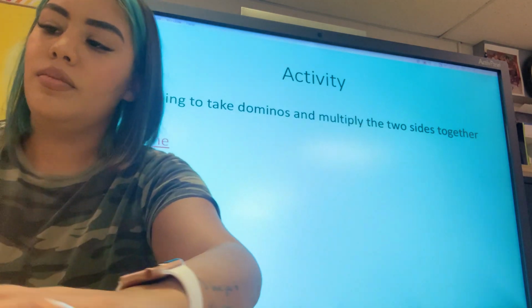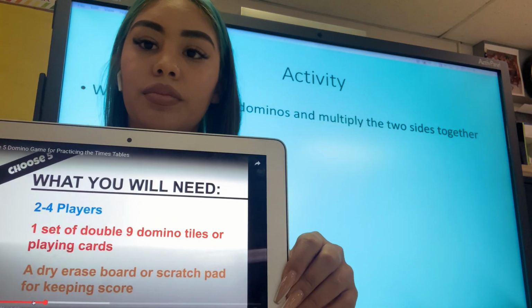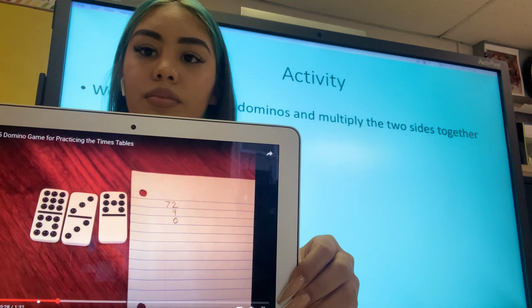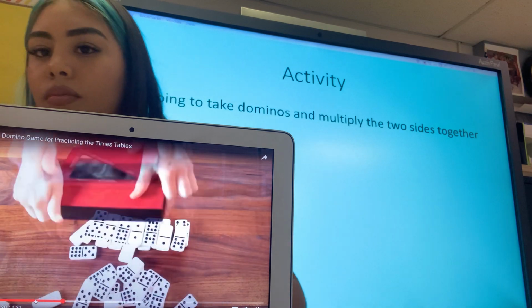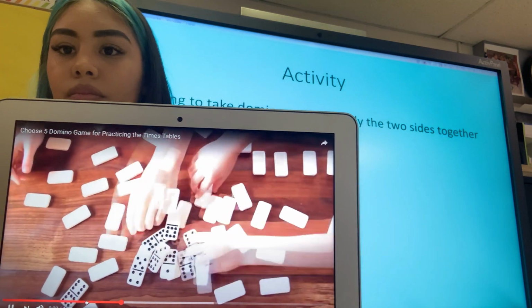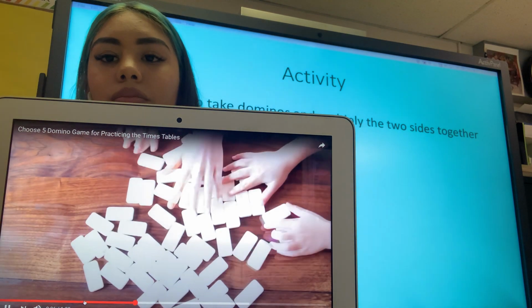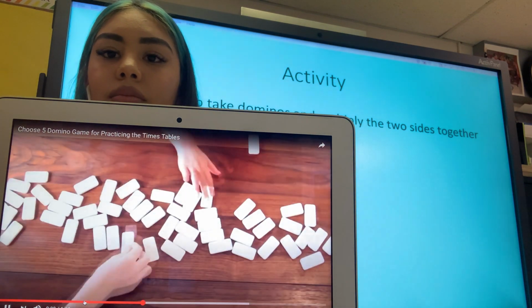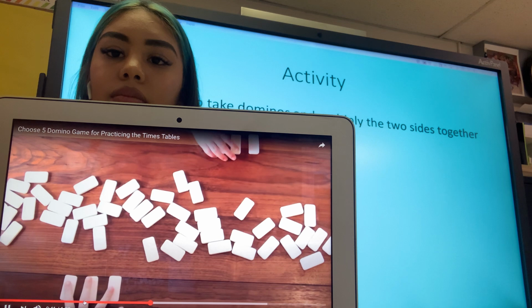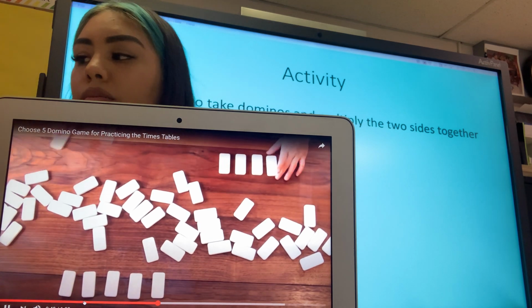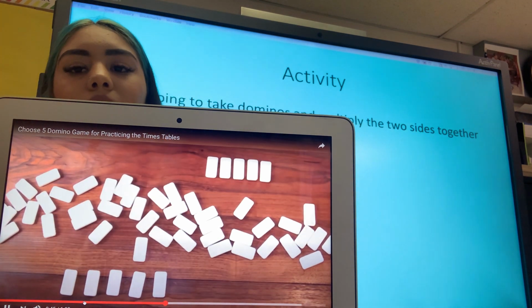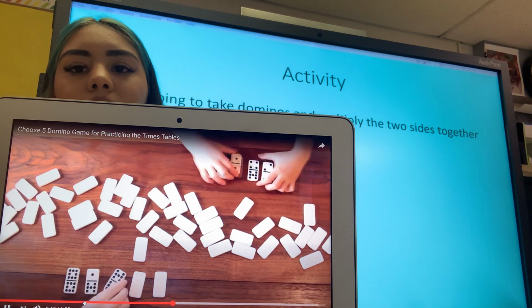Or playing dry erase board or scratch paper for keeping score. Ready to play? Great, let's go. First, dump out all the dominoes and flip them face down. Don't forget to shuffle. Players randomly choose 5 dominoes. Turn them over and mentally multiply the pips, or the numbers, from one side to the pips on the other side.